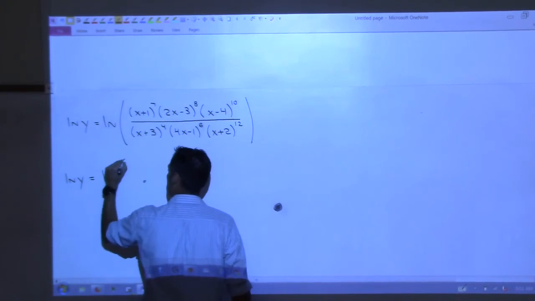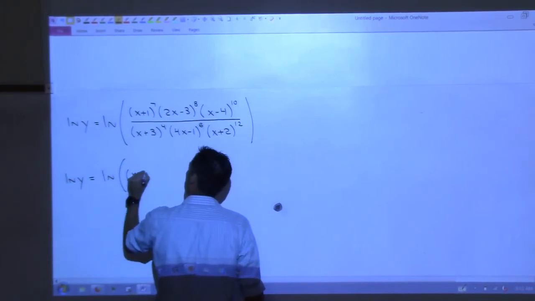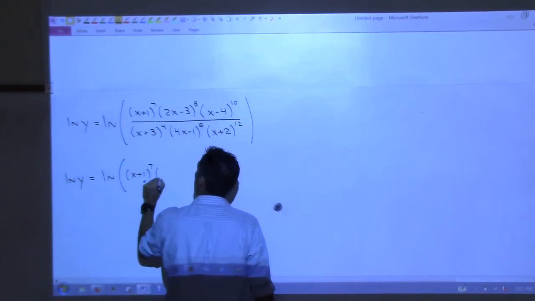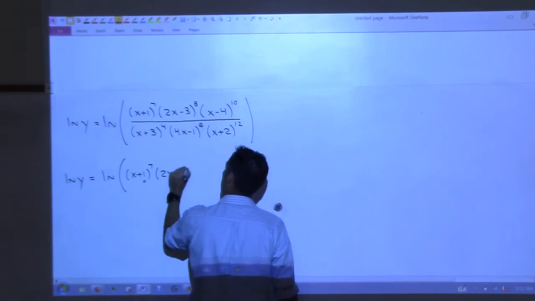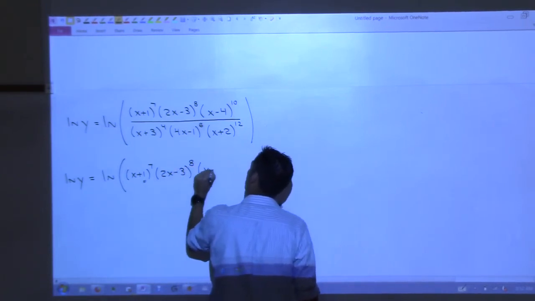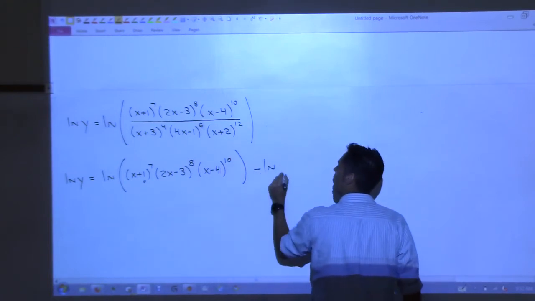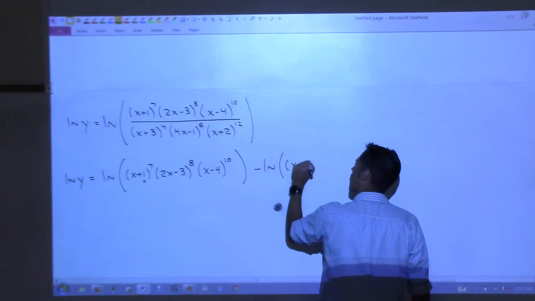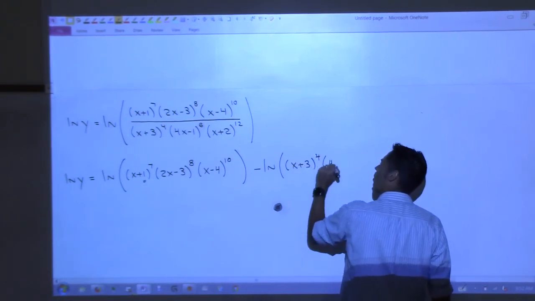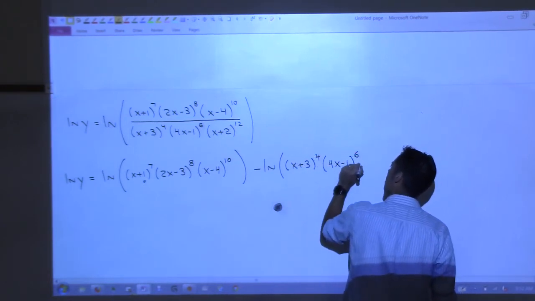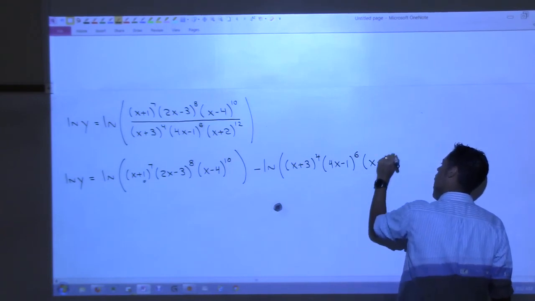This is going to turn into natural log of (x plus 1) to the 7th times (2x minus 3) to the 8th times (x minus 4) to the 10th, minus a different natural log, and this one is going to be (x plus 3) to the 4th, (4x minus 1) to the 6th, and then (x plus 2) to the 12th.